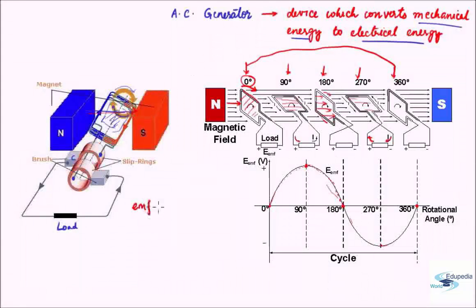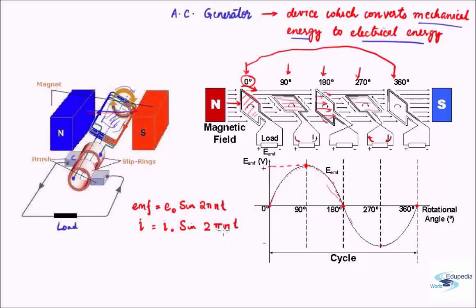estimate the EMF as E0 sine of 2 pi n t, where n is the number of revolutions per second. E naught is the maximum EMF, that is this value. Similarly, the current flowing I can be written as I naught sine 2 pi n t.